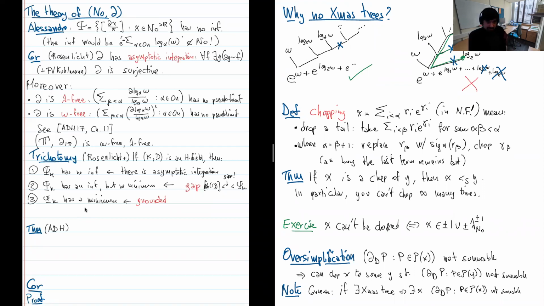So again, Aschenbrenner and van der Hoeven prove that if the derivative in an H field is surjective, and, I'm sorry, there's also an extra condition that I have to state, because otherwise what I say is wrong: the derivatives of the infinitesimal elements are infinitesimals.